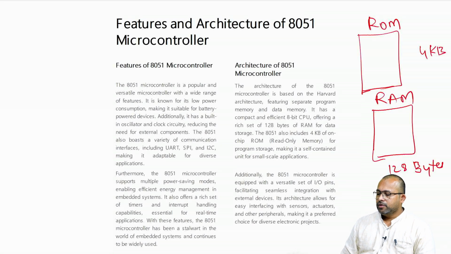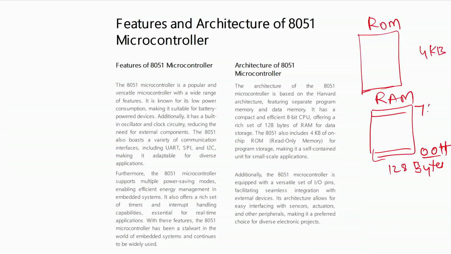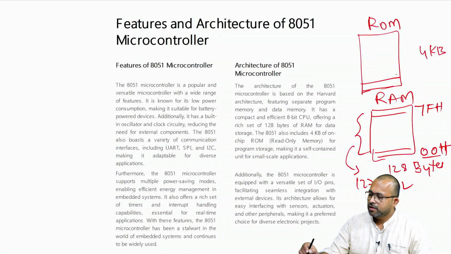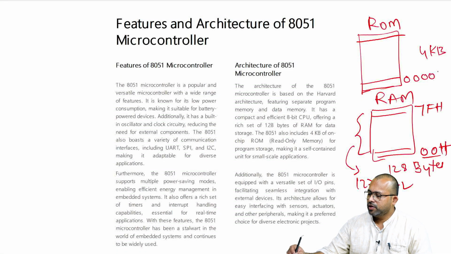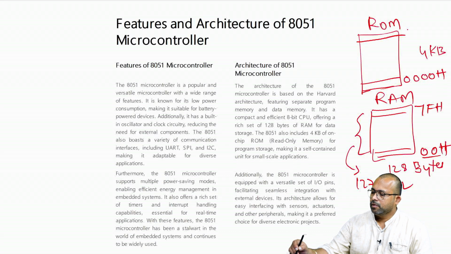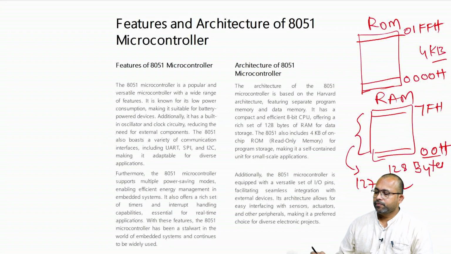Each has its own address space. For the data RAM the starting hexadecimal address is 00H to 7FH, that is 128 memory locations, and for the 4 kilobyte internal ROM, 0000H is the starting address and 0FFFH is the ending address of the internal ROM.